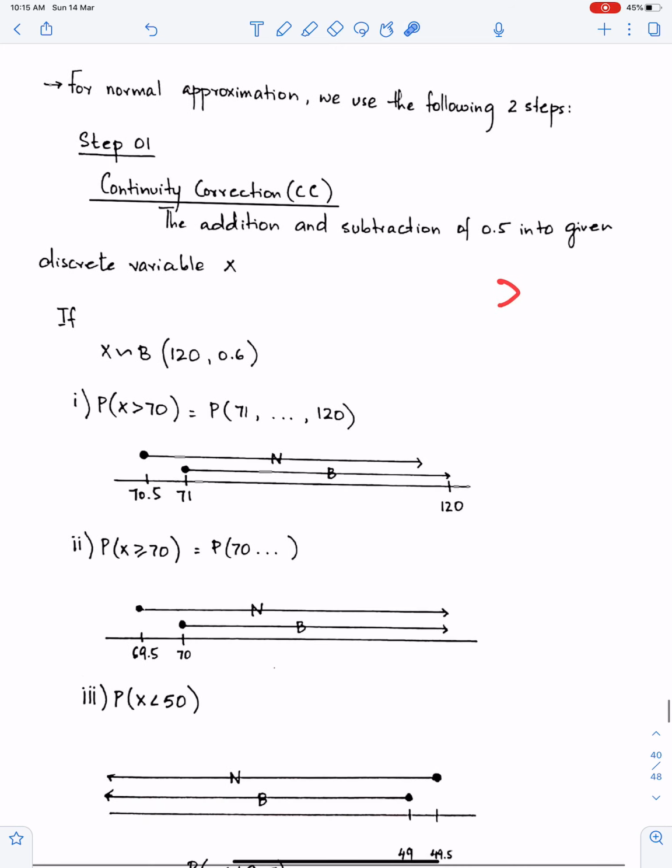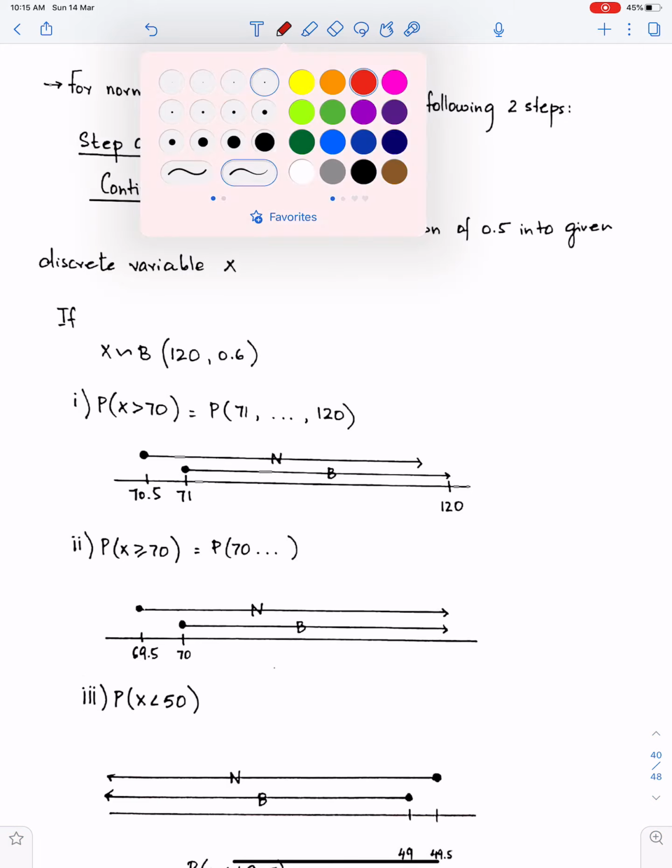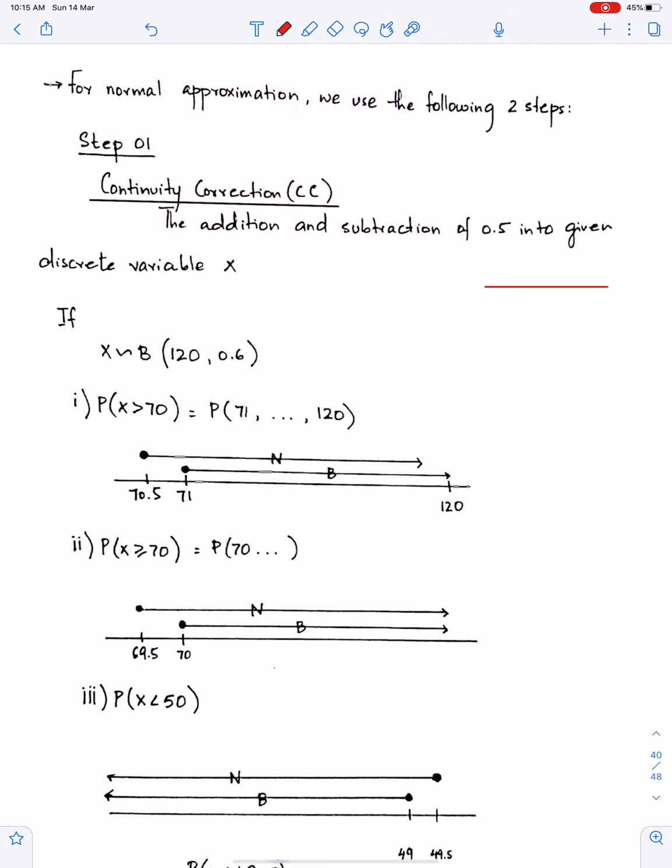Now let's discuss where we have to subtract 0.5 and where we have to add 0.5. For that, always use a number line. In order to understand continuity correction, always use a number line. With the help of the number line, you can easily do continuity corrections. Whenever you go on this side of the number line, take the lower bound of the number, that means subtract 0.5 from x.